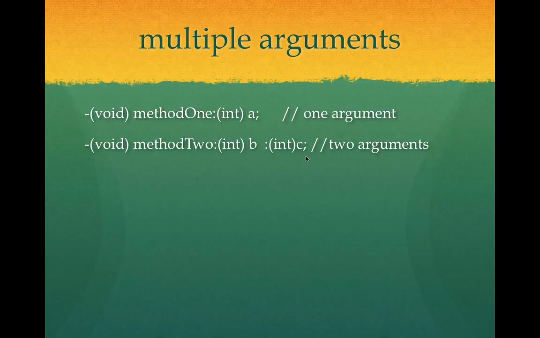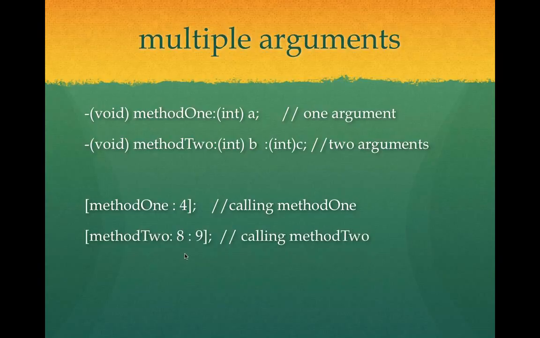Well, simply we use a square bracket, and okay, this is not the way we call our methods, but just for the sake of this example, the only thing I want to show is the usage of the colon to pass the first argument and another colon to pass the second argument.